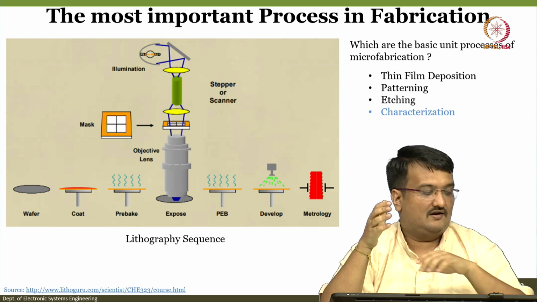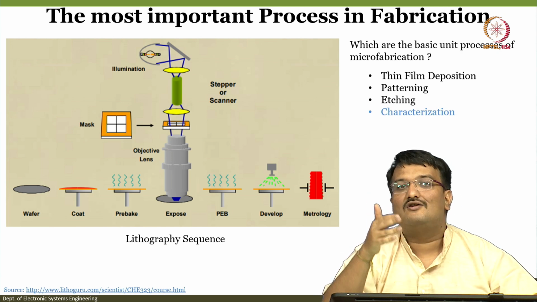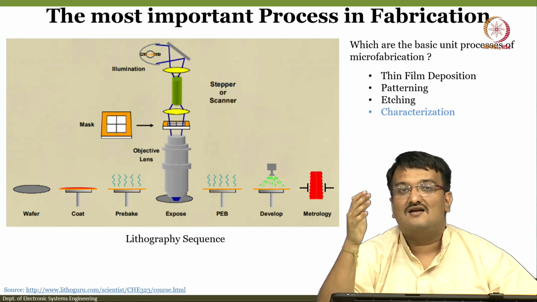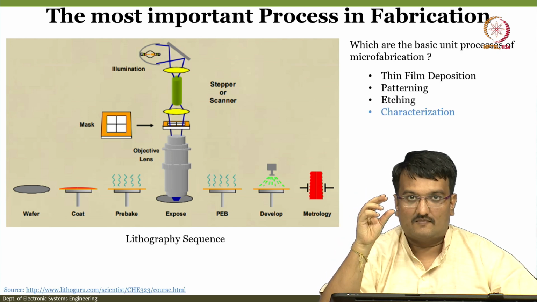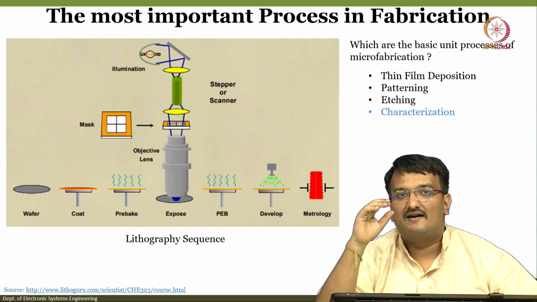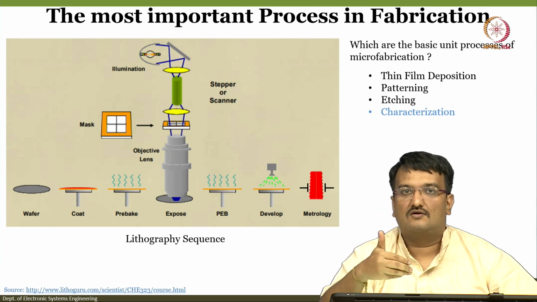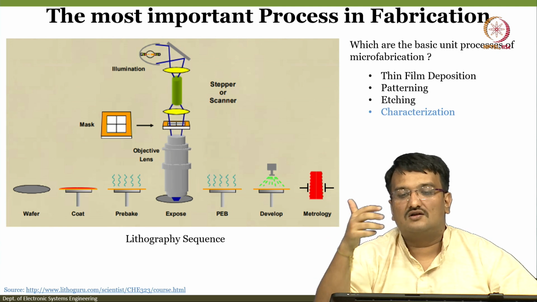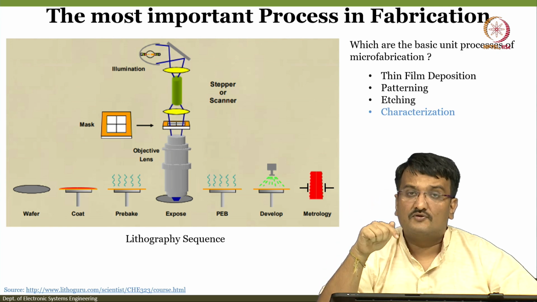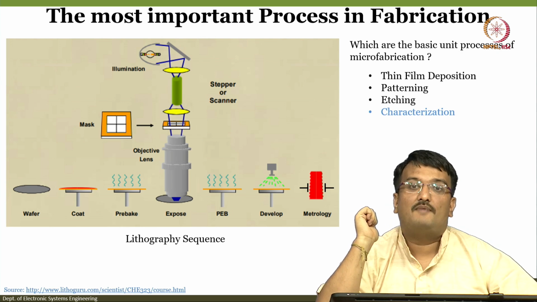However, from the entire fabrication point of view, once you get your desired product, desired design, that is optimized. Then after some point, when your process flow is validated, verified, confirmed, you don't have to do characterization. That is where the other 3 processes are important, and out of them the most important process in fabrication is patterning.